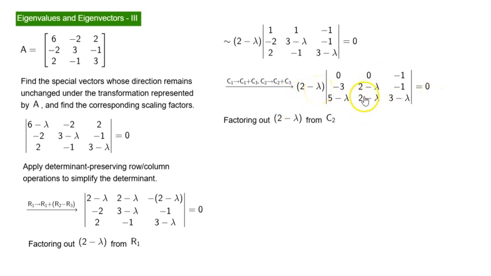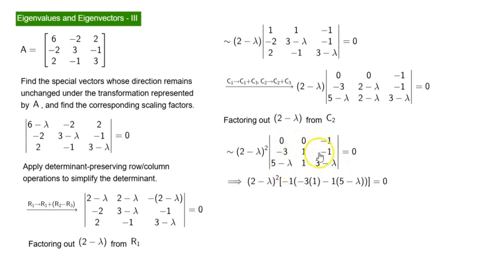Another thing to notice is that the second column has 2 minus lambda, 2 minus lambda. So we factor out 2 minus lambda from the second column. What do we get? Now we get 2 minus lambda squared times the determinant of 0, 0, minus 1, minus 3, 1, minus 1, 5 minus lambda, 1, 3 minus lambda.